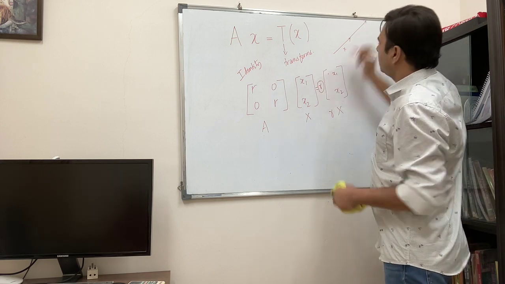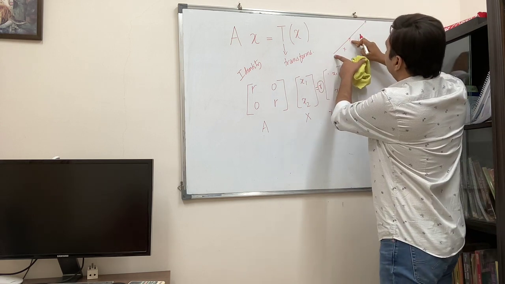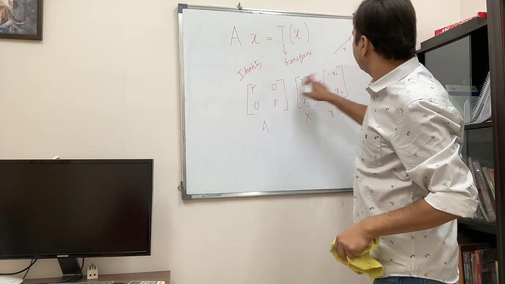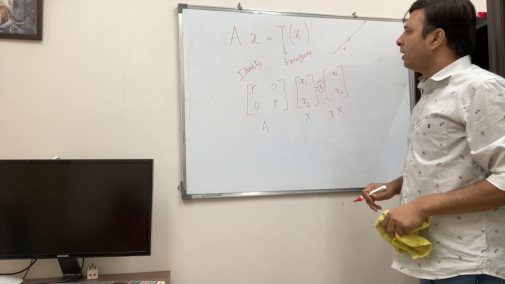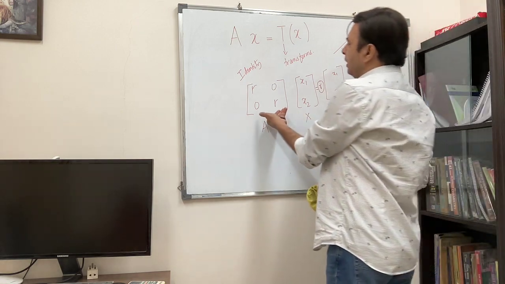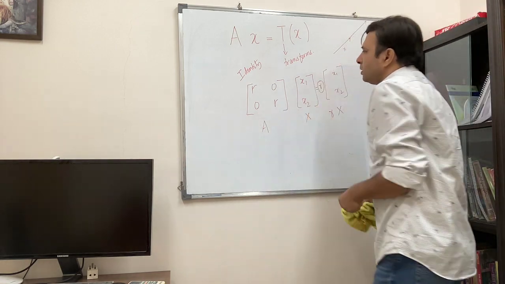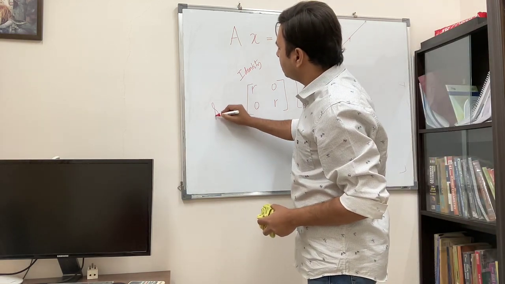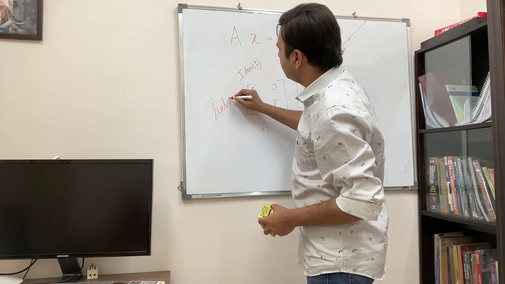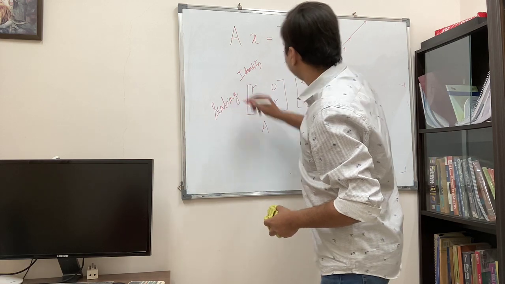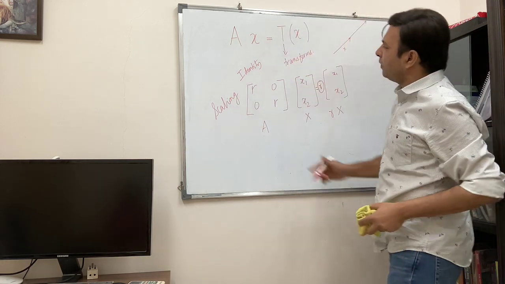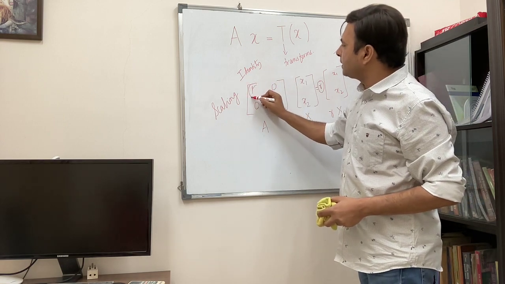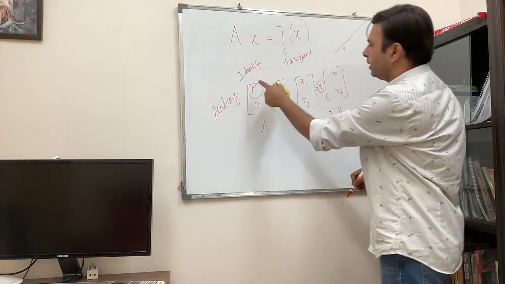So now this vector is something which is, if this length was 1 centimeter, this length is R centimeter, because everything is getting multiplied by number R. So what is this matrix doing? This matrix is doing another transformation, but this transformation is only doing one thing, and that thing is called scaling. It is just scaling. So if I have a vector and I want to scale it by a certain factor, I can multiply with a matrix like this, and whatever is my scaling factor, I can put it in the diagonal term.